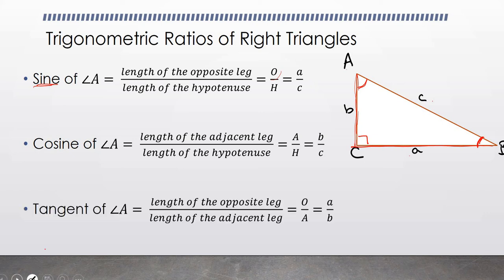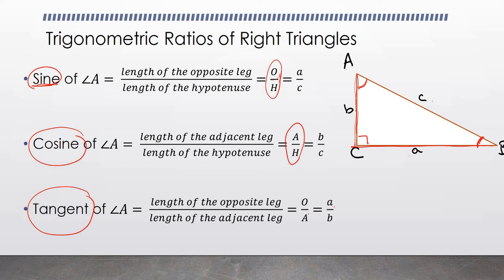The last trig ratio we're going to look at is called tangent. So these are our three names: sine, cosine, and tangent. And the tangent is the length of the opposite leg, in this case A, over the adjacent leg, in this case B. So the sine of any angle is its opposite over hypotenuse. The cosine of any angle is its adjacent over the hypotenuse.